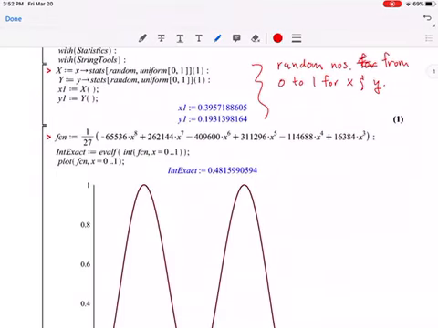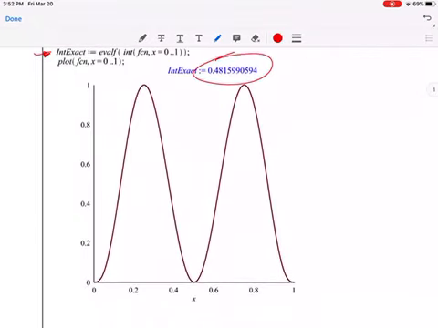Here's the function that we defined in the notes. And here's an exact integration of that function. So its exact value, because it's just a polynomial we can calculate, is 0.4816, say. And so there's the plot. Here you can see it sits inside this unit square, so the square has a height of 1 and it has a base of 1.